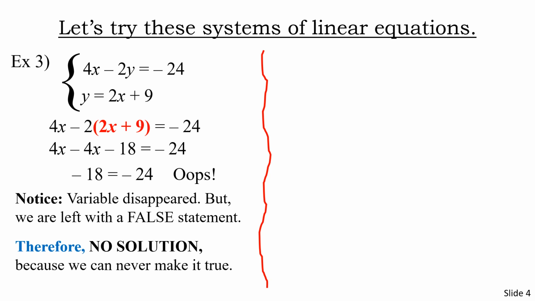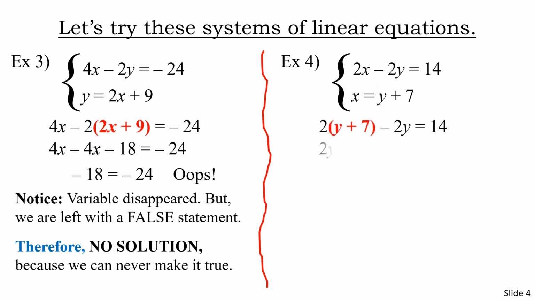Okay? Look at this example. 2x minus 2y equals 14, and x equals y plus 7. Well, again, it's already been solved for x equals, so I put the y plus 7 in for the x.